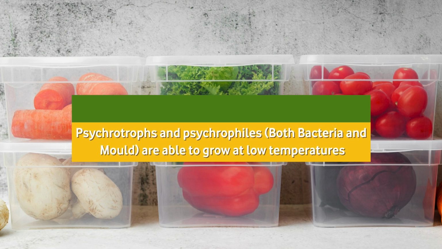Psychrotrophs and psychrophiles, either bacteria or mold, are able to grow at low temperature, as I've just explained. It is important to look at this in terms of low temperature storage or low temperature preservation of food.